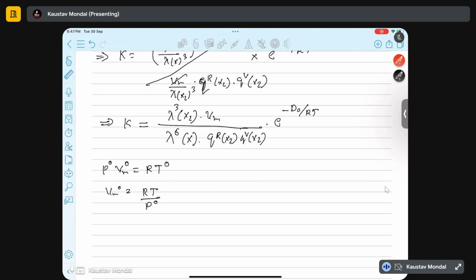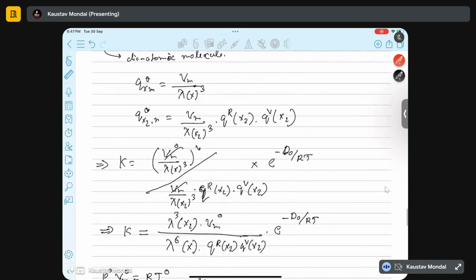So that means we can write Vm0, since it's standard condition.